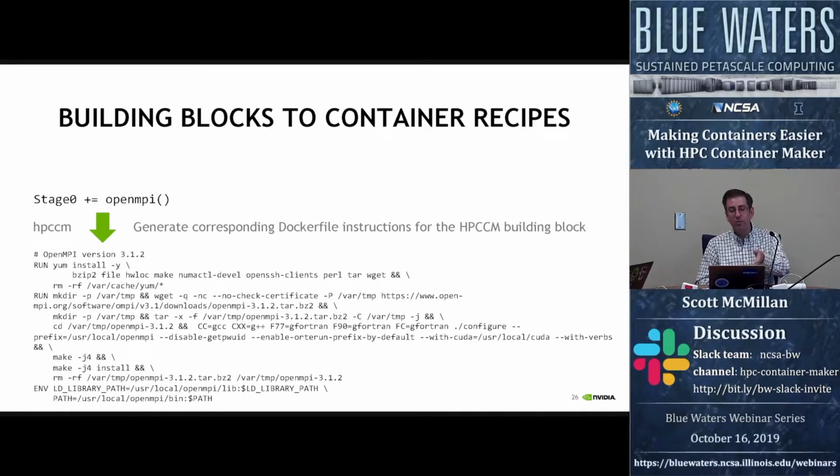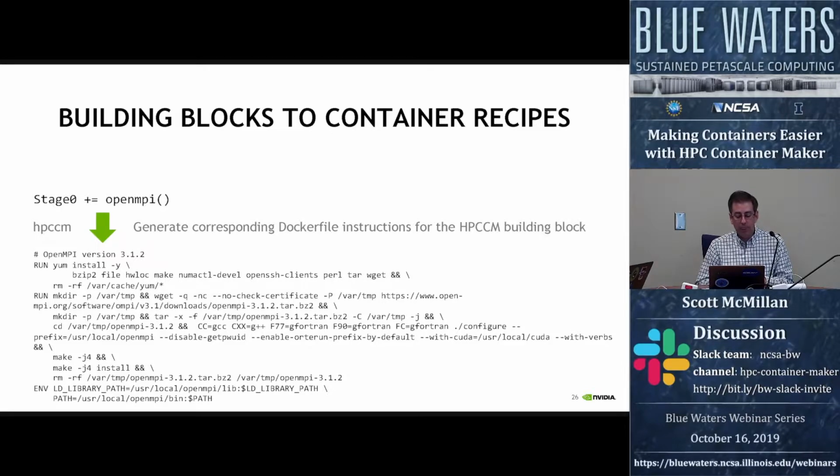So this is the defaults, as of the time I generated this slide. You can see it goes and gets OpenMPI version 3.1.2, installs some dependencies from the host Linux distribution, and then builds OpenMPI from source with some flags. Then installs it, and it configures the environment inside the container.